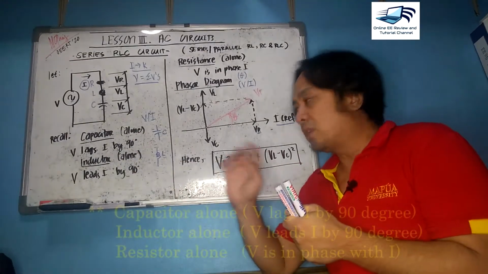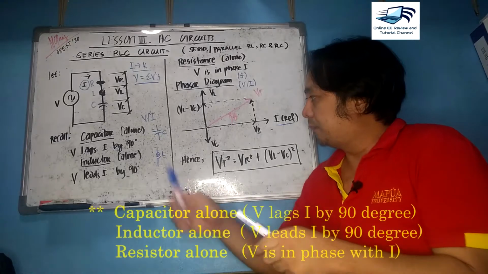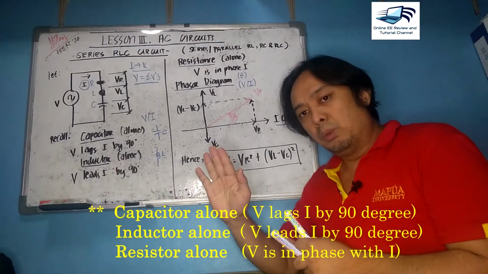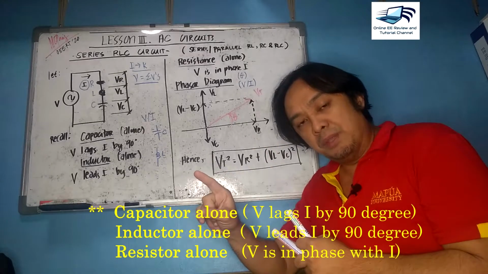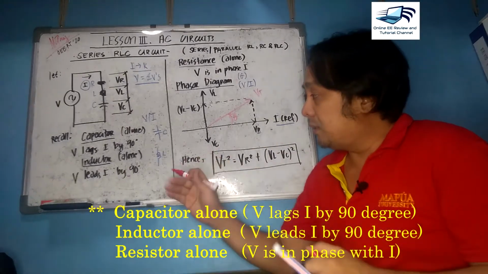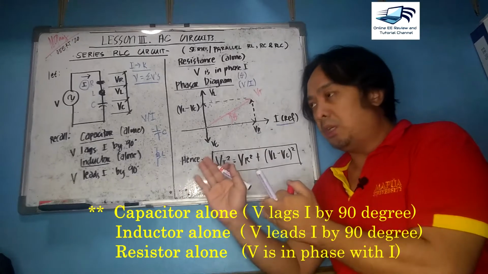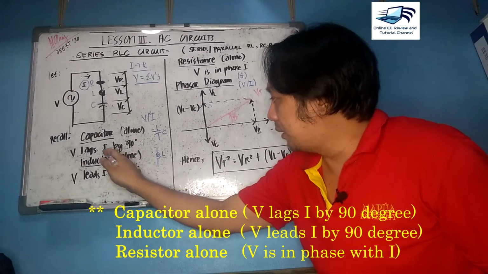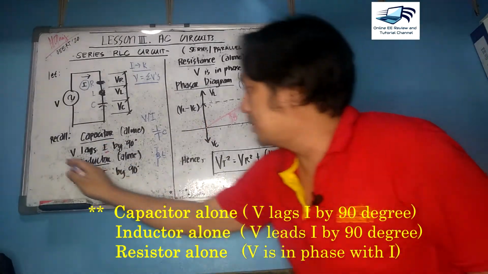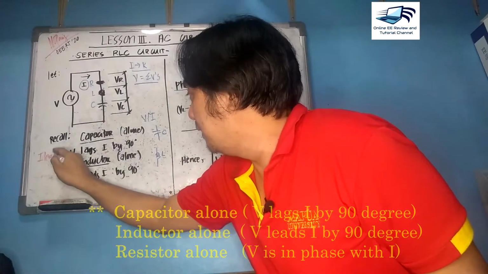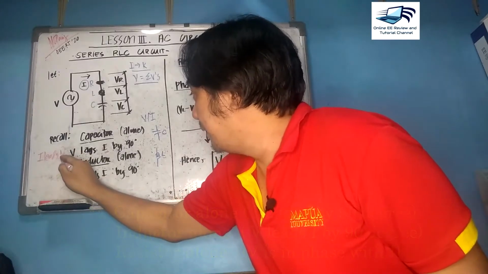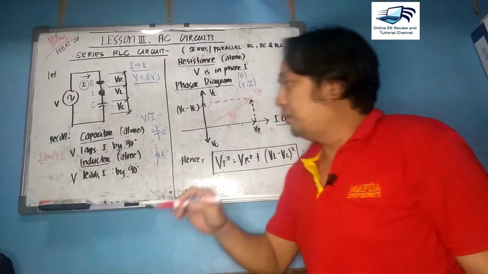First, if you have a capacitor alone in a circuit, the voltage will lag the current by 90 degrees. In other words, if we interchange the reference, remember the right of the statement is the reference, it becomes I leads the voltage by 90 degrees. So this is the same.